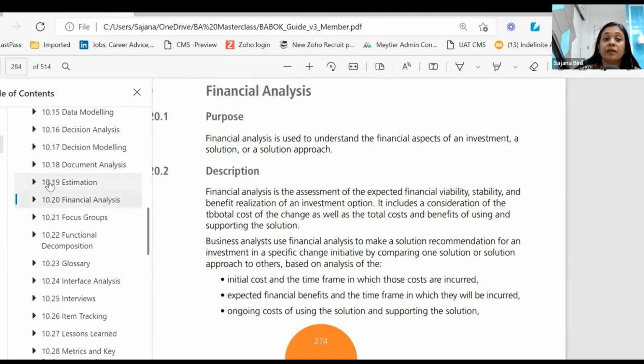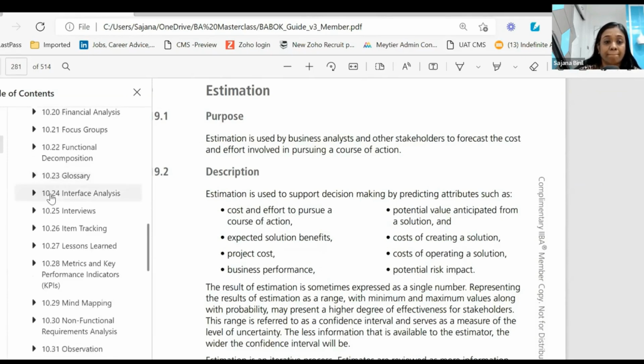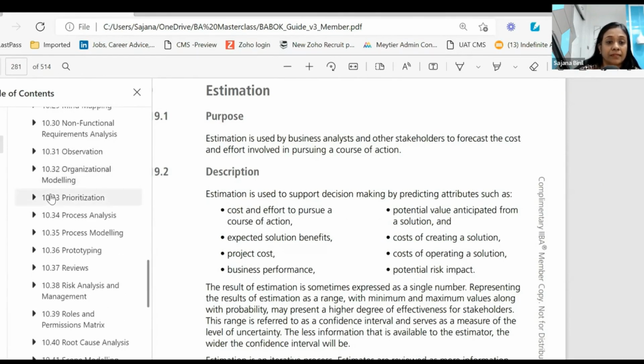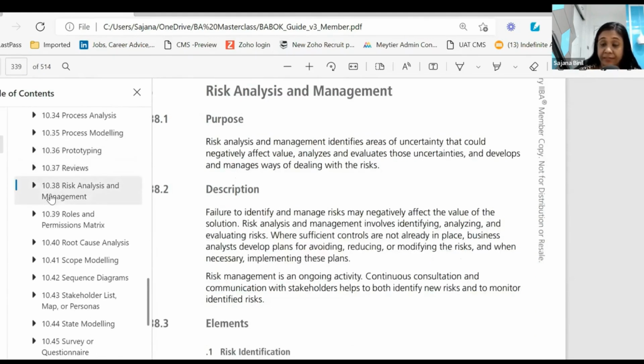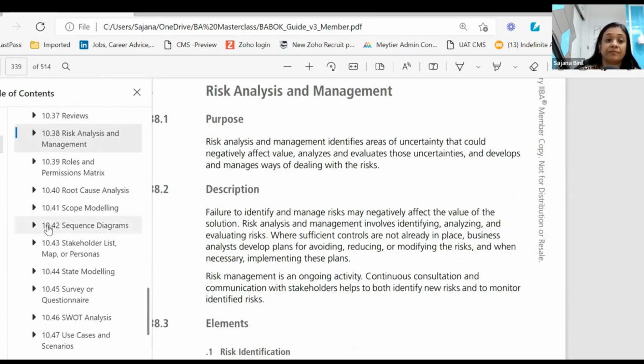Just above that, 10.19 estimation, again an advanced level technique. And 10.38 risk analysis and management. 10.42 sequence diagrams.